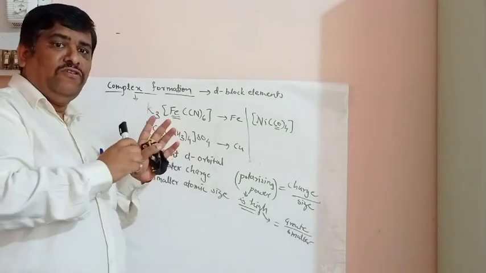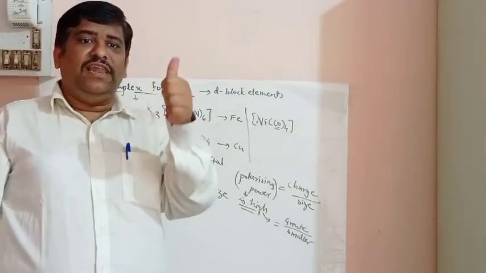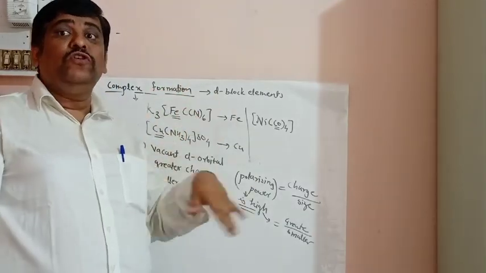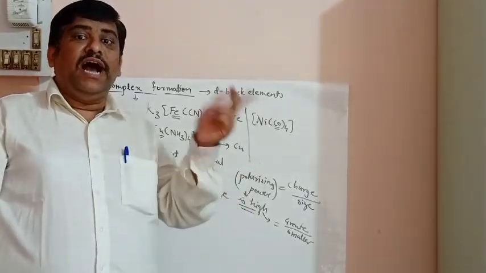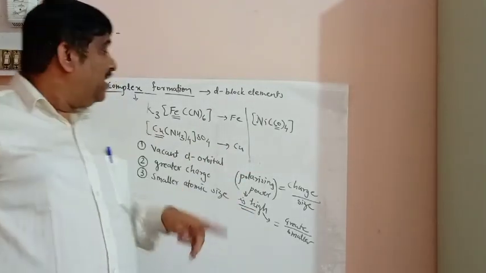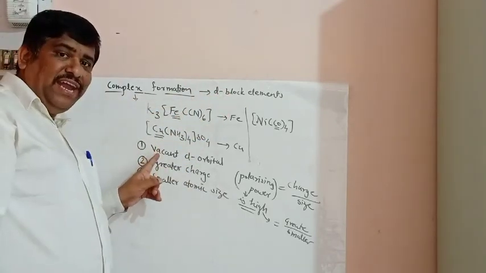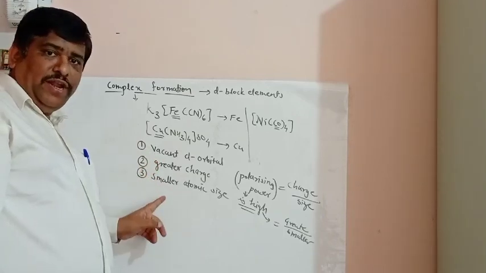So far in today's lecture, we have discussed two properties. One is color property and the other one is complex formation. I told you the color property of the d block element is because of unpaired electrons, and the complex formation of the d block element is because of vacant d orbitals, greater charge, and smaller atomic size.